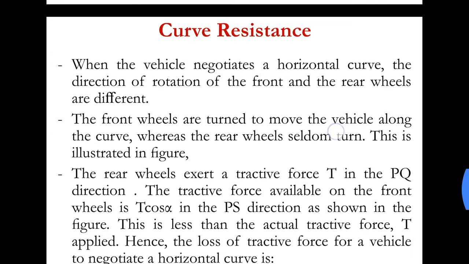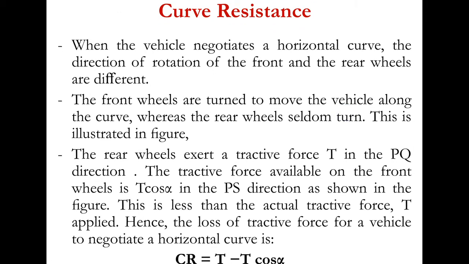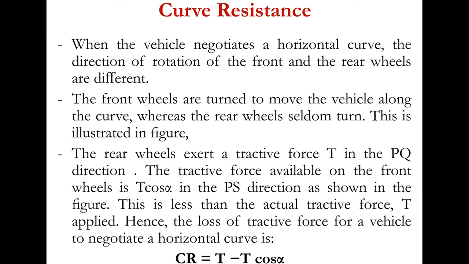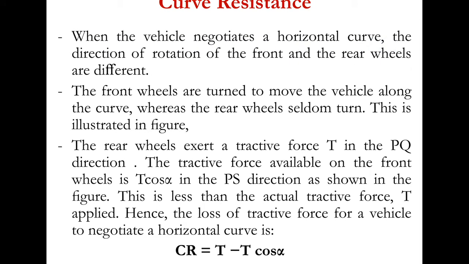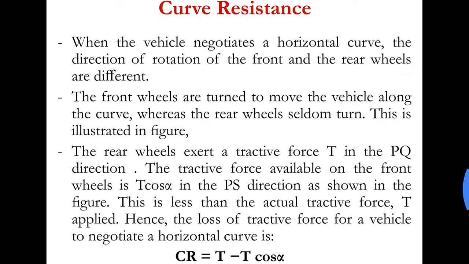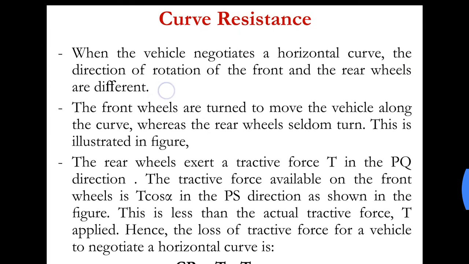Okay, so we'll now move to the next topic, that is curve resistance. When the vehicle negotiates a horizontal curve, the direction of rotation of the front and the rear wheels are different. We already know this.